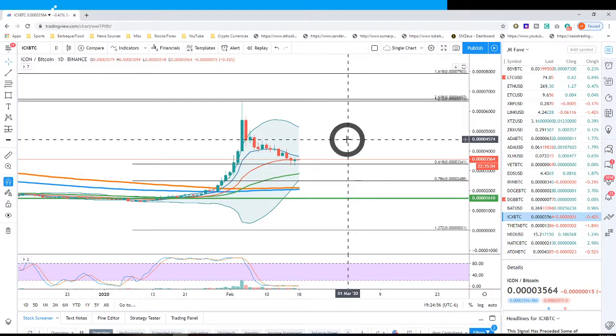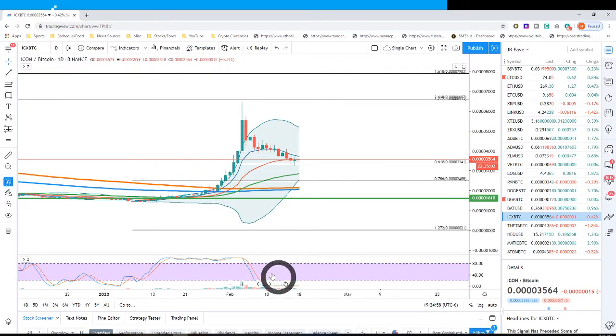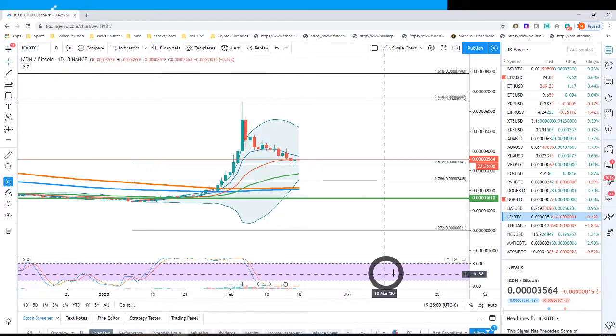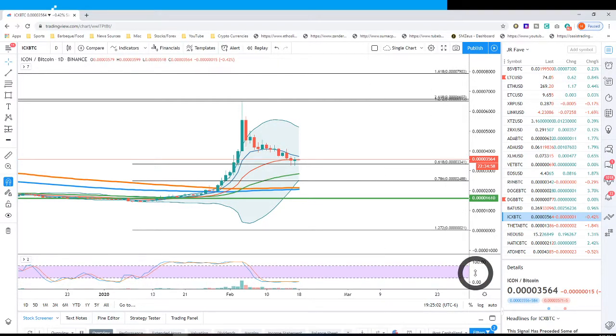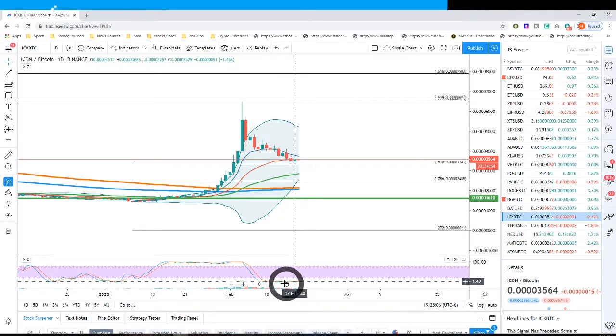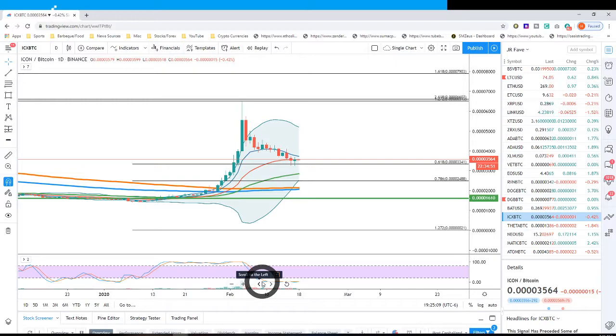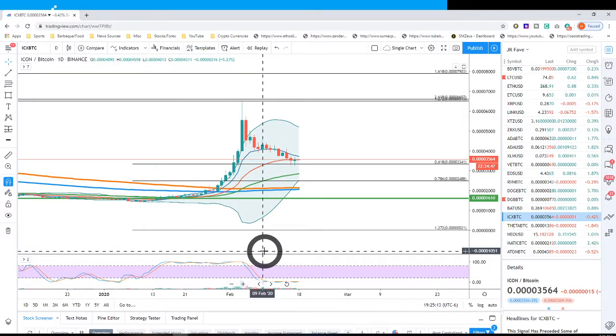But it looks to me like this thing could still go sideways for a while, which would not hurt my feelings. And look at our stochastic RSI. See how it's just been staying oversold since February 9th, that's over a week?